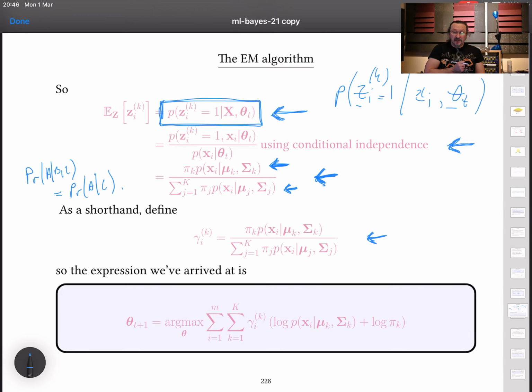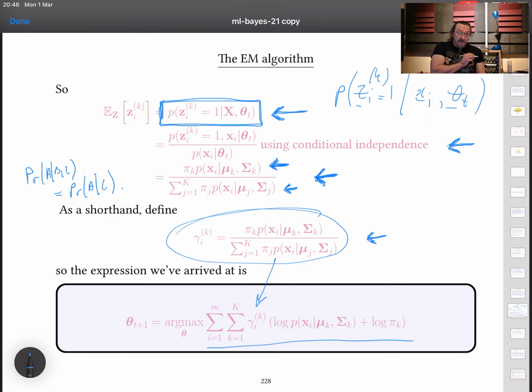So theta contains the pi's, the mu's, and the sigmas. And now I have this expression for the gamma, which appears in here, and this whole expression now just has the parameters of interest in it, and we want to maximize over those to get the next theta.